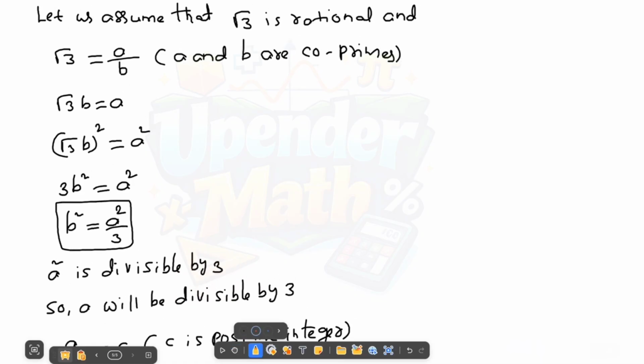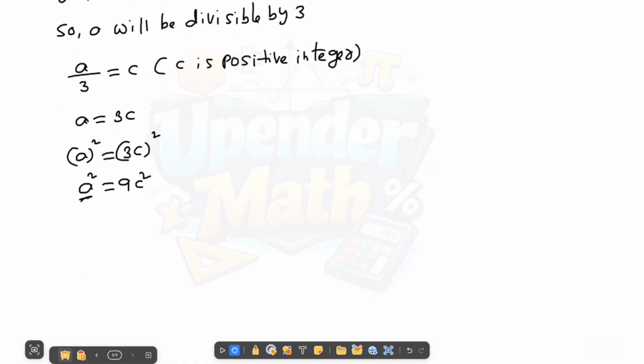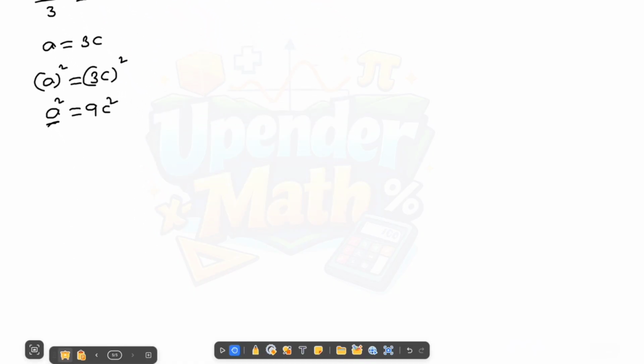Here. So a square is equal to 3b square. So in place of a square, write 3b square. 3b square is equal to 9c square.